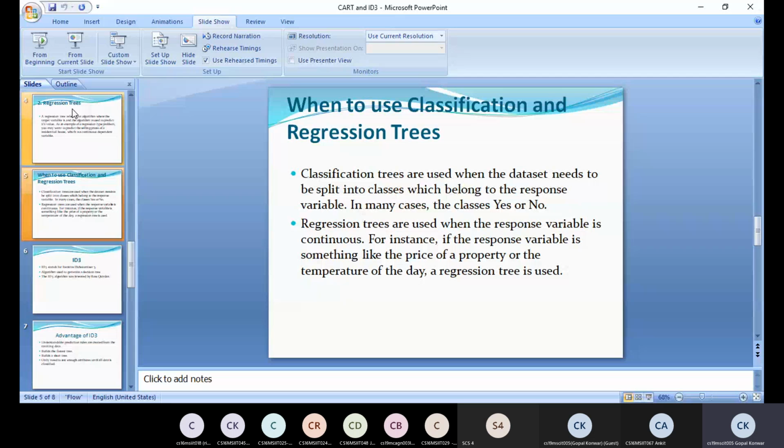In many cases, the classes are yes or no. And the second one, regression trees are used when the response variable is continuous. For instance, if the response variable is something like the price of a property or the temperature of the day, a regression tree is used.